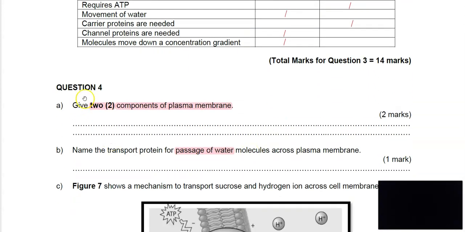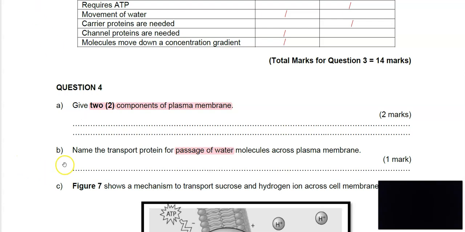Okay, so next, question number 4: give two components of the plasma membrane. The plasma membrane has several components, so you just need to list two. You can list phospholipid molecule, or protein, or cholesterol, or glycolipid, and also glycoproteins.